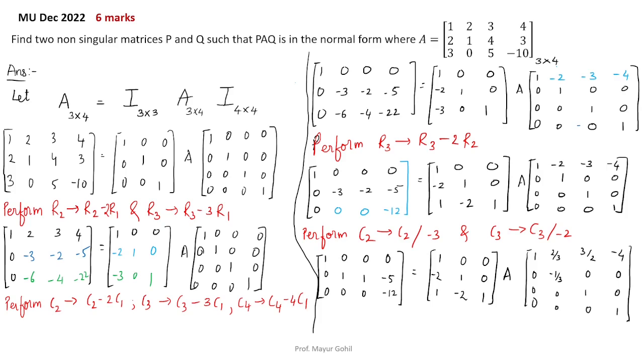Okay, now we have another operation to be performed, that is using the A22 element, we make all other elements in this row 0. The elements we need to make 0 are this one and this one. So how can we do that?